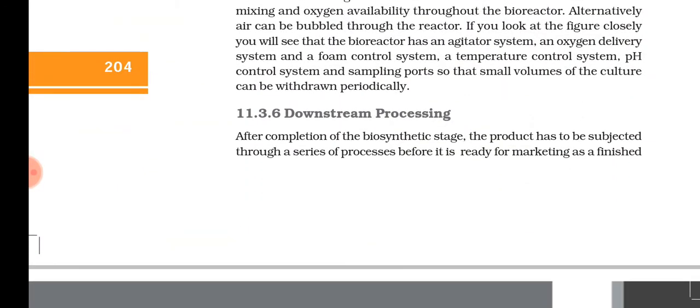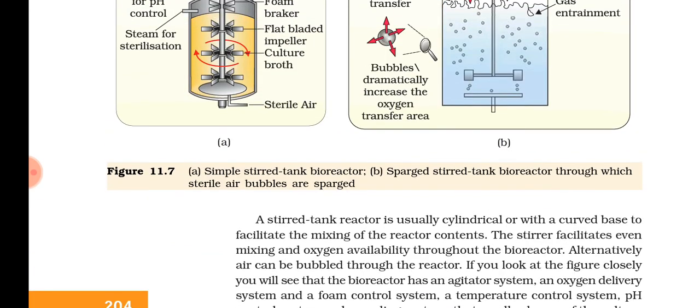And what are the two different types of bioreactors I told? Simple stirred tank bioreactor and sparged stirred tank bioreactor. In this, agitation or mixing of the content will be done continuously, so that all the content will get the same amount of oxygen and other materials. Is it clear? And in the sparged one, you can see sterile air bubbles are also sparged in between.